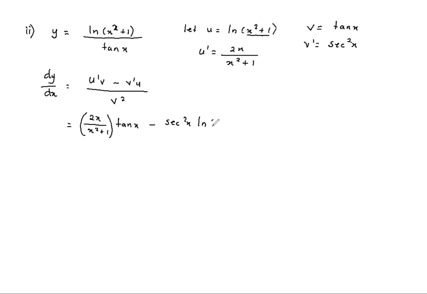U is ln(x squared plus 1), divided by v squared, which is tan squared. That is what we are looking for as a derivative. So everything is okay. Everything is fine.